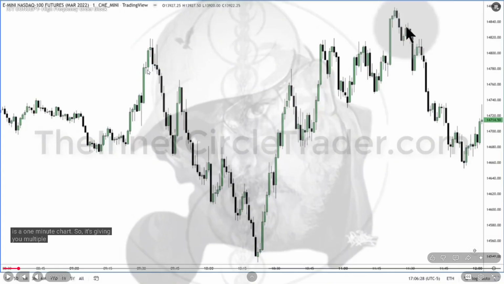Then not only that, it also occurs right here. But I'm trying to look for the extremities, the external liquidity, how that's moving right now.